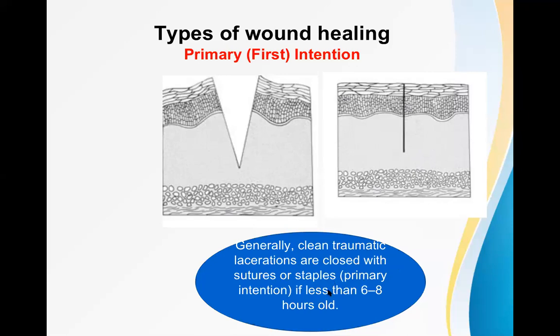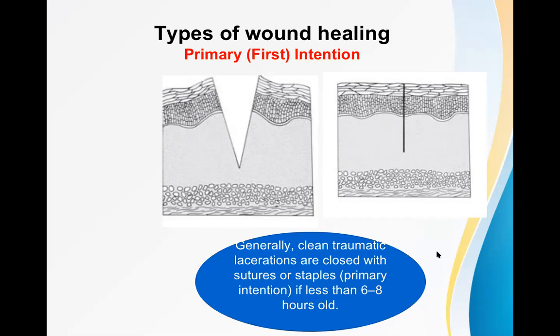But we need to be very careful. If the patient comes to the hospital prior to 6 to 8 hours of injury, then only you can think about putting the suture or staple there. If the patient comes later than 6 to 8 hours, even if the wound looks like a clean cut type of wound, we do not put any suture there.